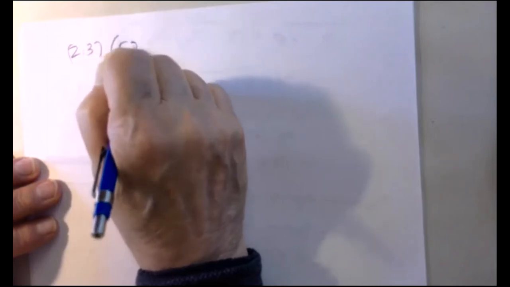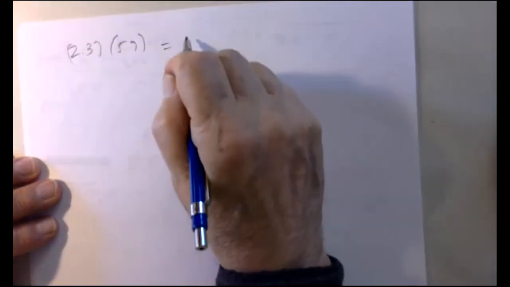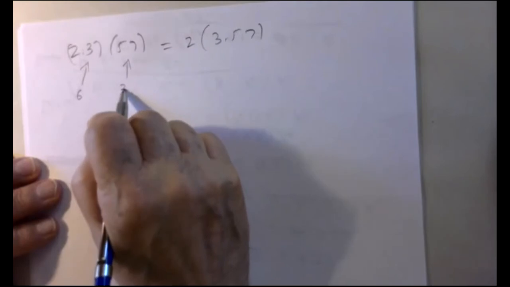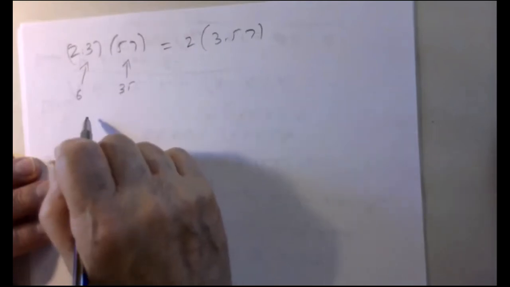Except at the level of elementary school, where you might want to prove that 2 times 3 times 5 times 7 is the same as 2 times 3 times 5 times 7. So this is 6 and this is 35, and when you multiply them, you get 210.